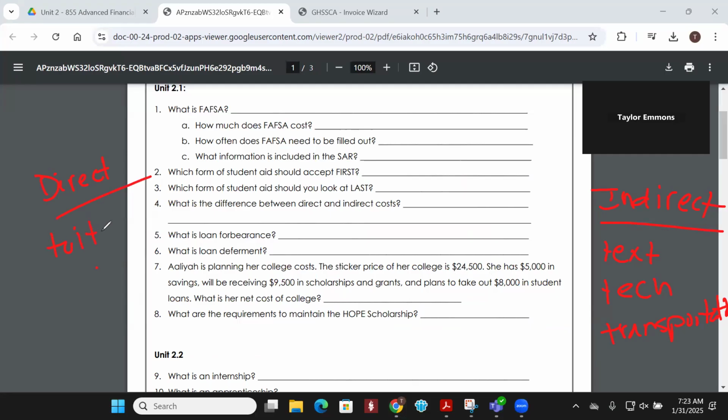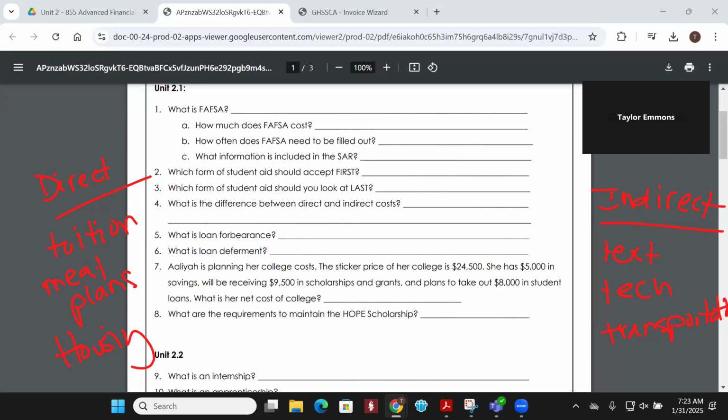Okay. So what about tuition? That would be direct, right? Yeah. What about on-campus housing? That would be direct. Okay. What about school supplies? That would be indirect. What about a meal plan? Some places make you, like my freshman year of college, they made us buy a meal plan because we were freshmen living on campus.